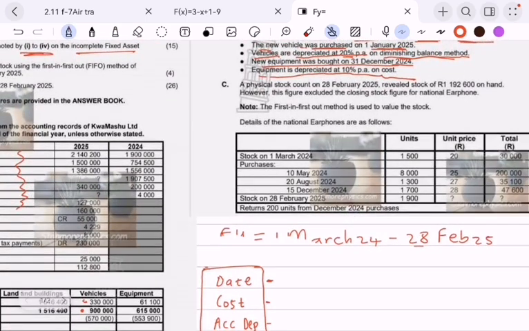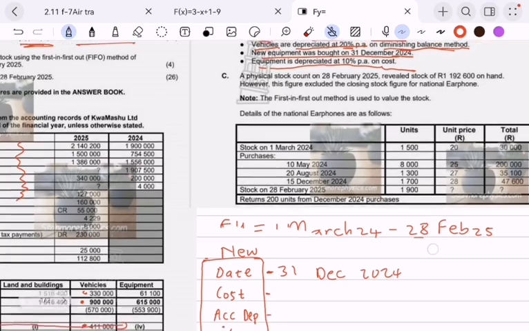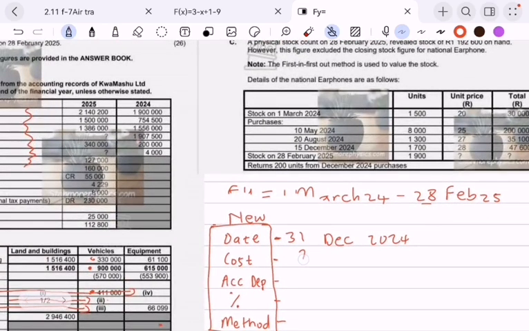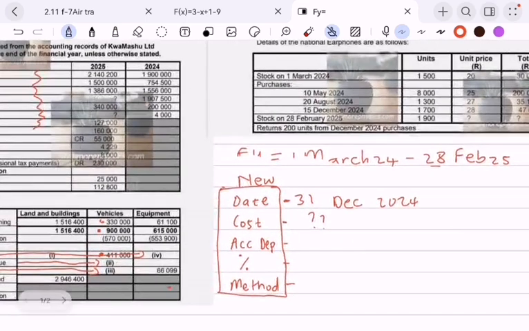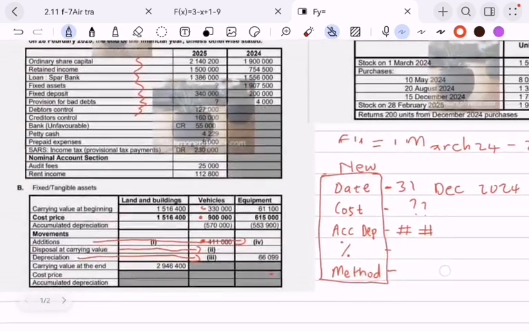So when was it bought? They say it was bought on the 31st of December 2024. So we're dealing with the new equipment. Right, what was the cost of it? We don't know it. What about the accumulated depreciation? Well, in this case, we don't know it, but we might know it. And how do we know that we might know it?